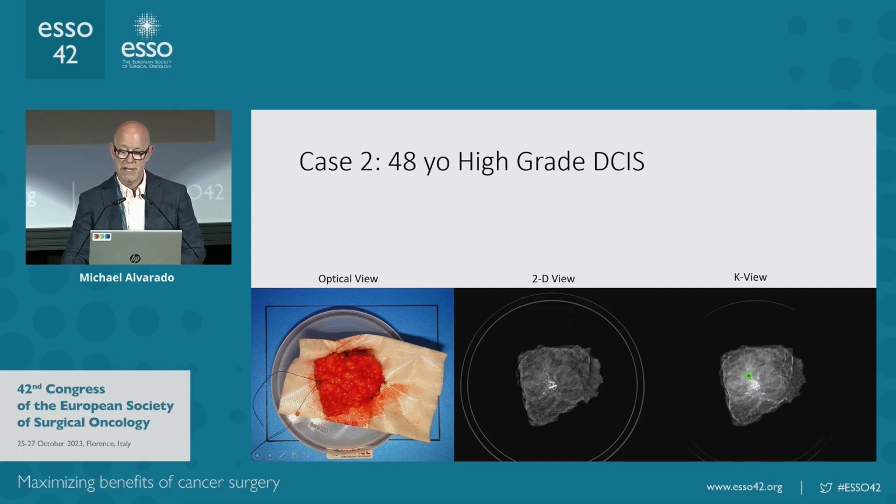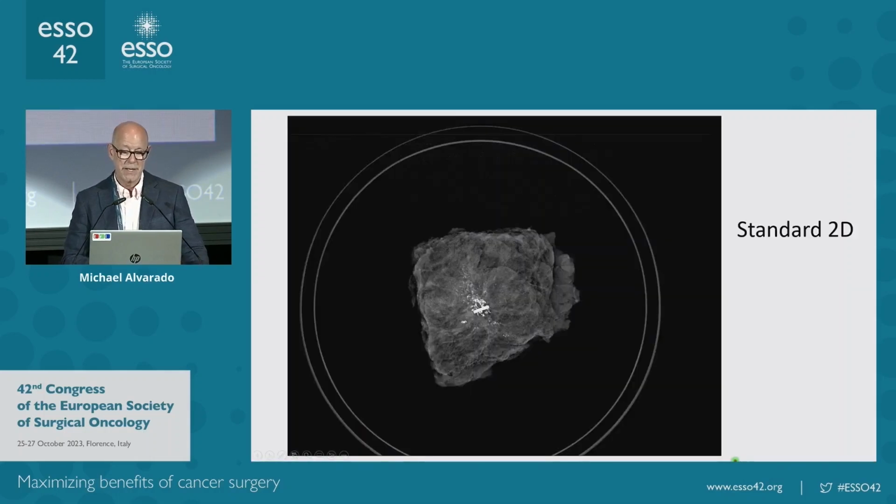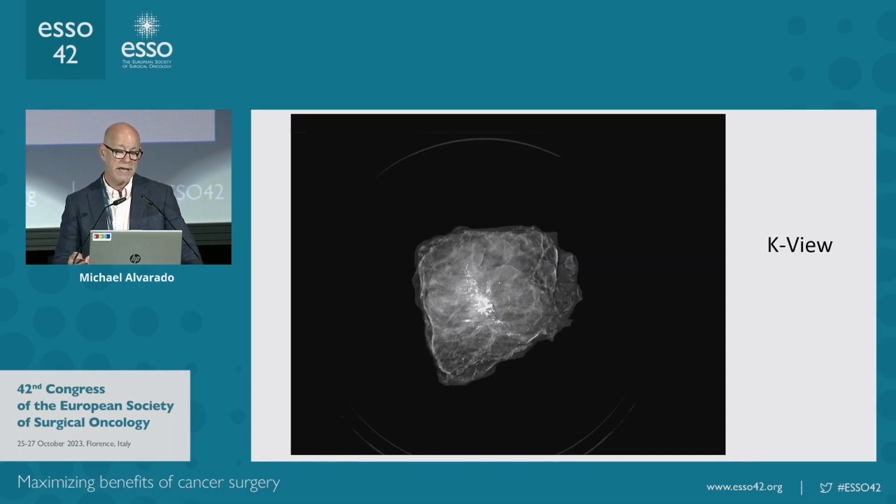You can really see as they start to stretch out in different projections. And this is the standard 2D view, and then the K view really gives you crisp identification of those calcifications, which are the ones that are important for identifying how far those stretch. And you can see starting to get a little bit close down here on the inferior aspect.